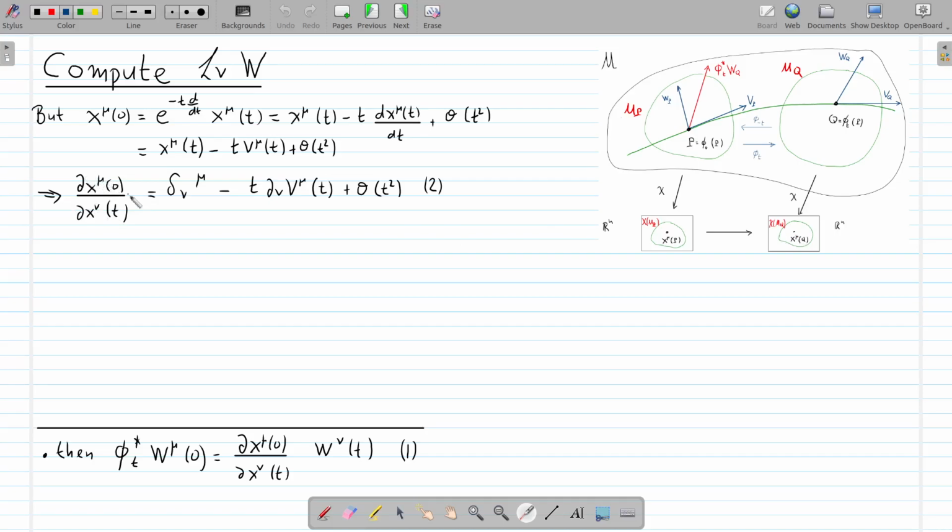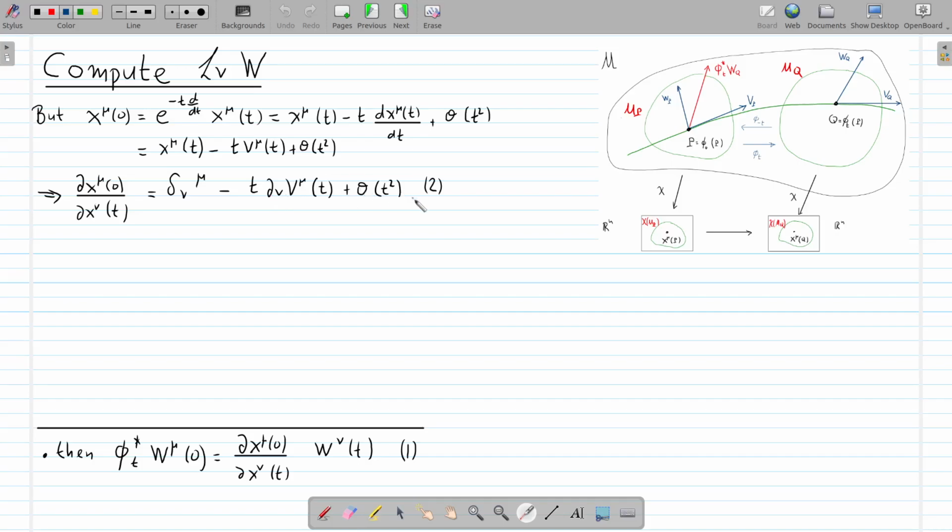But if you take the derivative of those coordinates as mapped by phi of t to this neighborhood of R^n with respect to the coordinates here, then what you will find from this relation is that this derivative is delta nu mu plus the derivative of v mu with respect to x nu.